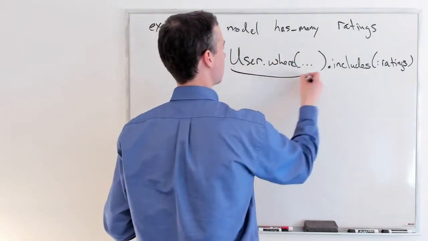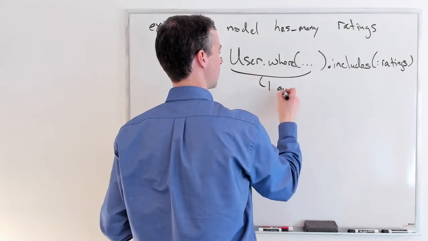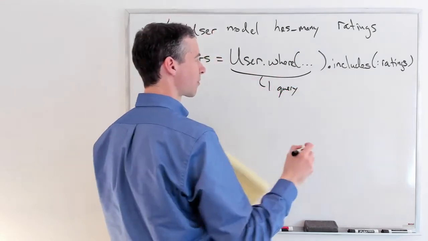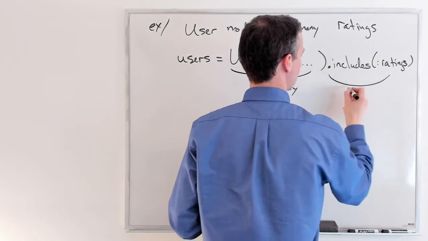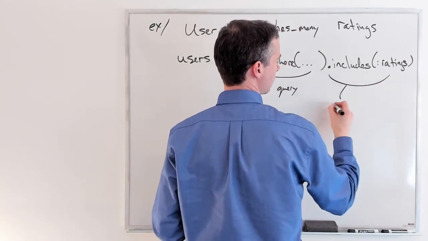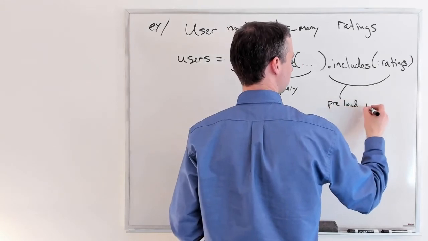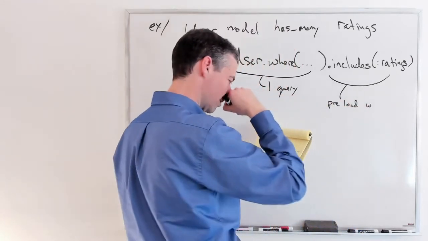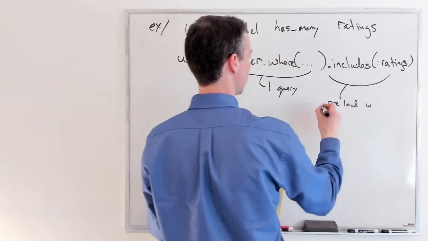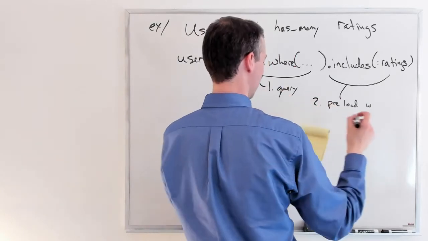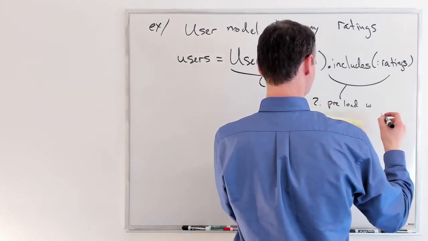So this results in one query, the same query as before, and then it's like a preload with another query. So the first query is this one, and the second one is to preload.